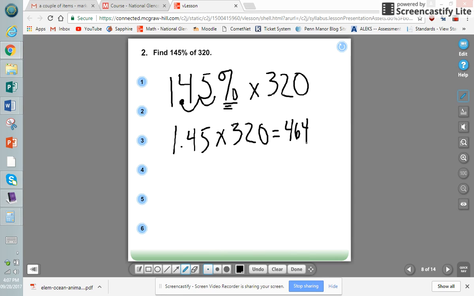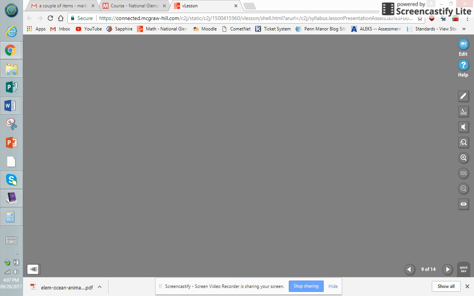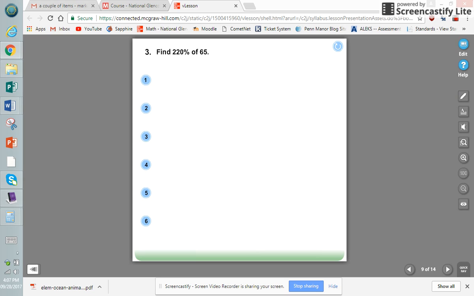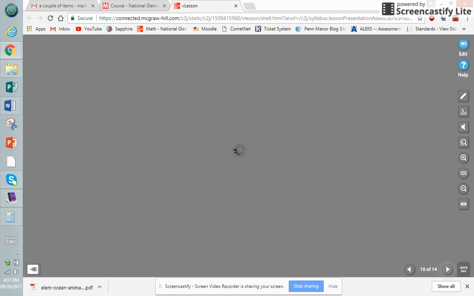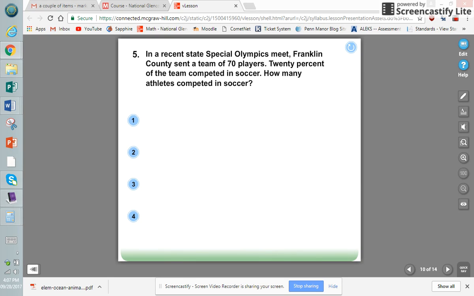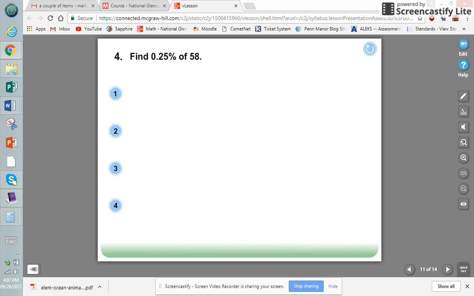One more example. What if the number is smaller? Look. Get to it. There we go. Smaller than 1%. 25 hundredths of a percent is super small. Well, the strategy really does not change at all, friends.